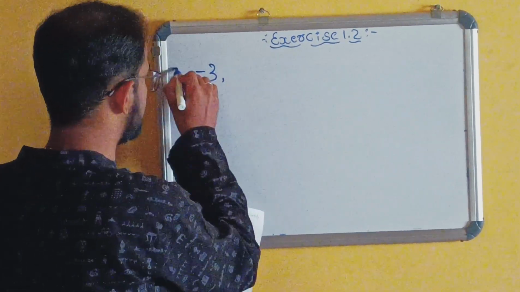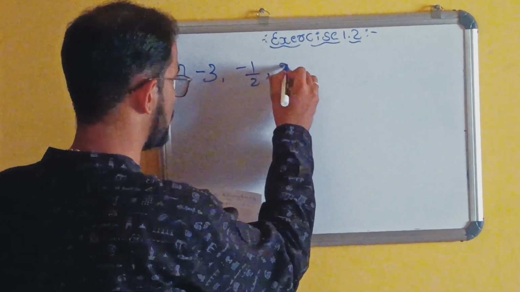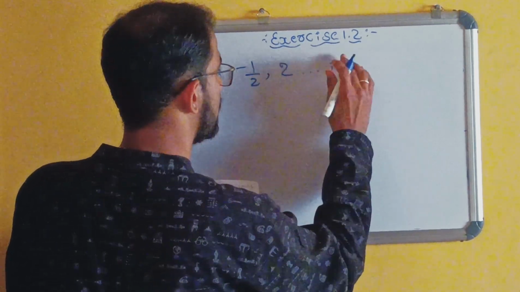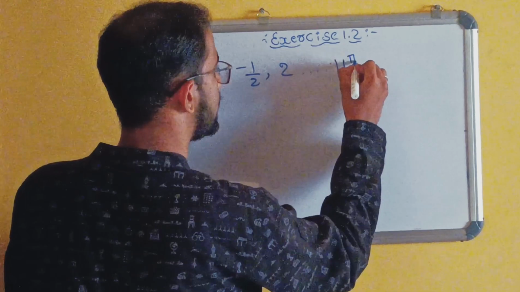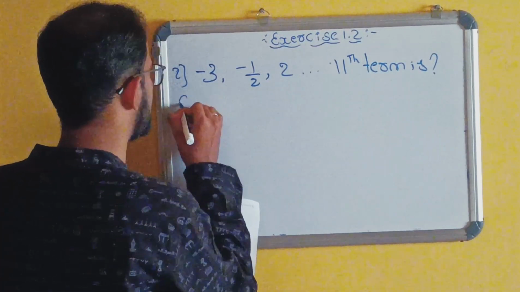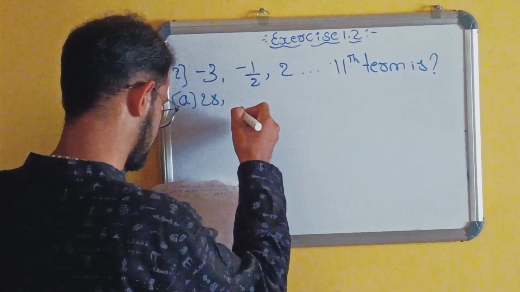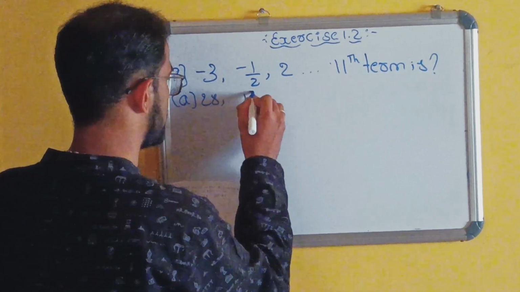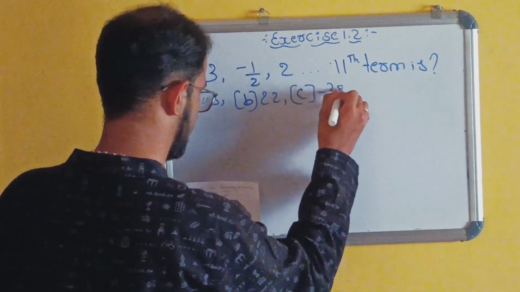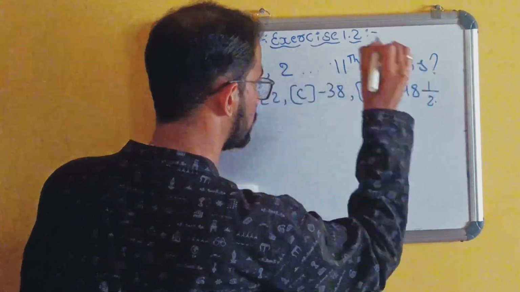Now minus 3, minus 1 by 2, 2, and so on. The 11th term is: option A, 28, option B, 22, option C, minus 38, option D, minus 48 1 by 2.